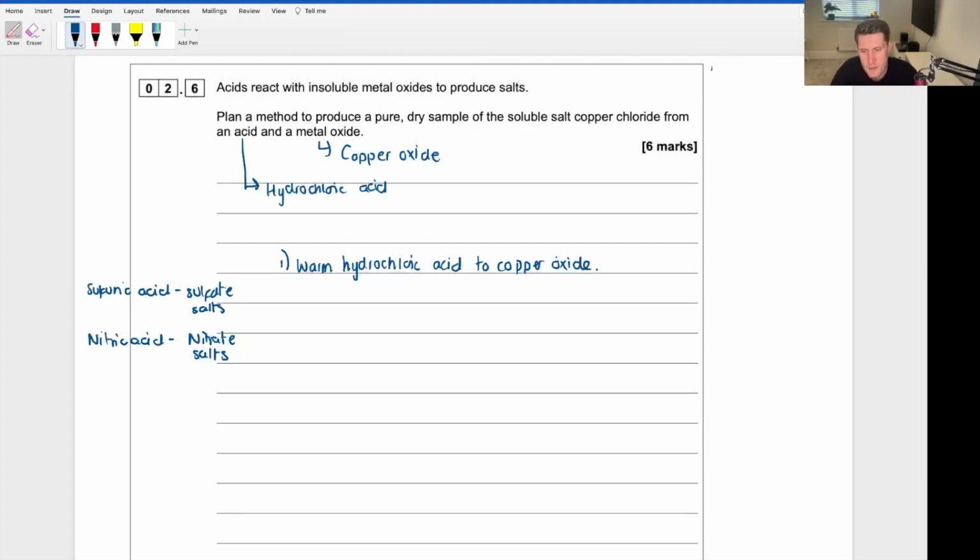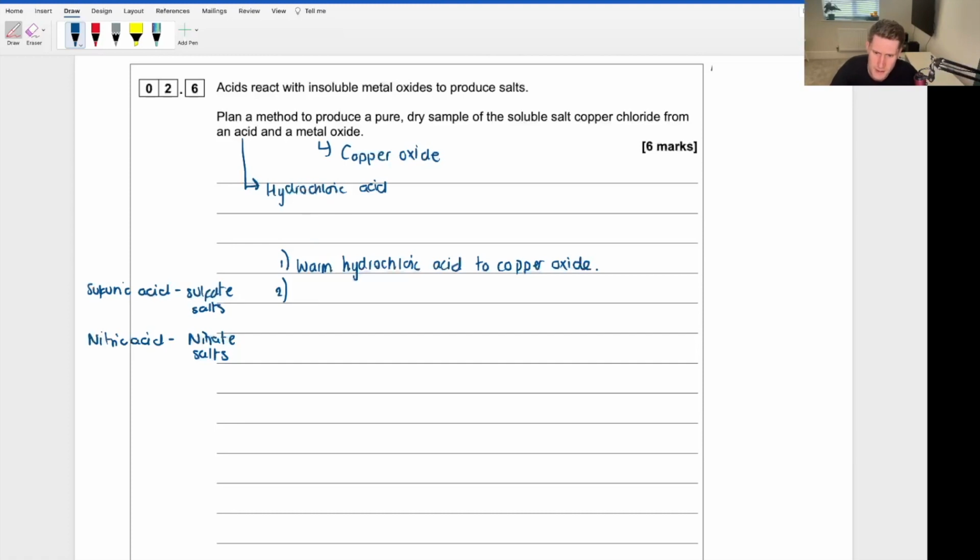You have to combine the two, and the acid has to be warm. Now, the next step is you want to add copper oxide in excess. The reason for that is twofold. One, you want to make sure you got enough copper oxide to fully react with the acid, and two, it's kind of a nice safety measure. You don't want any leftover acid. So if we can use up all the acid, then we know when we come to filter it later on that one of those issues has been taken care of. We don't have the acid.